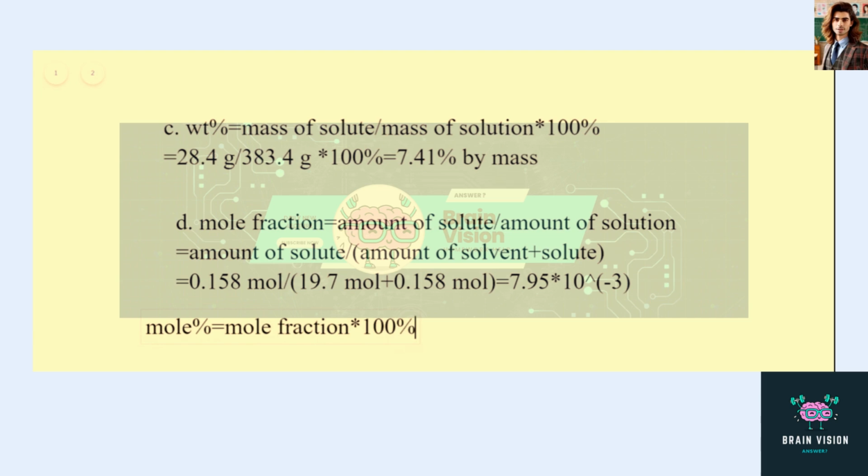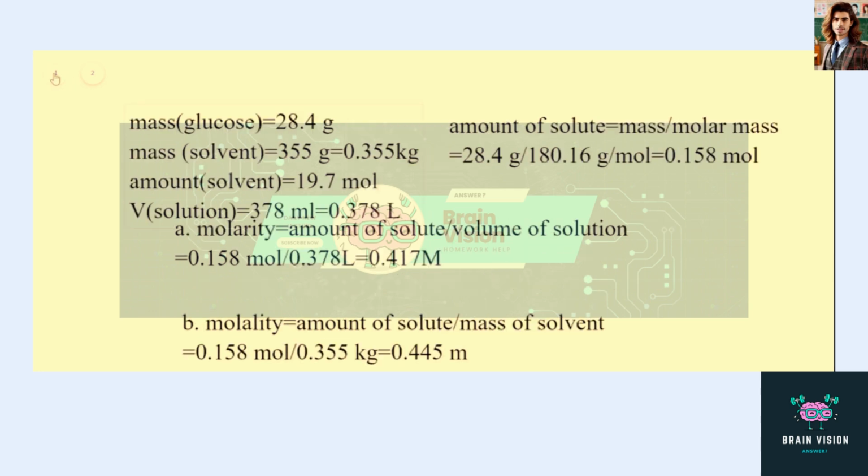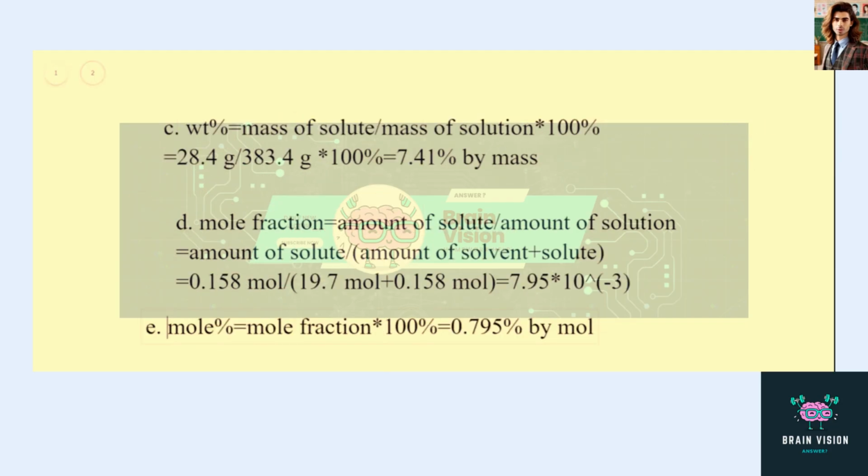When we multiply the value that we calculated here, which has no units because it's a fraction, we get 0.795 percentage by mole. Okay, so we calculated all of the values and defined all of the concentrations.